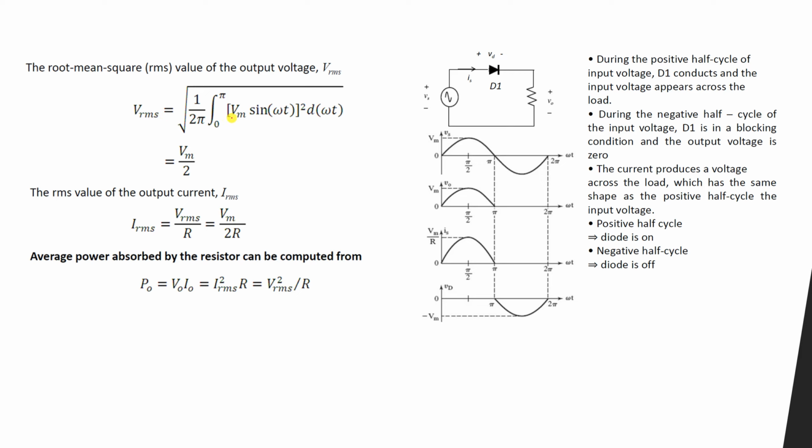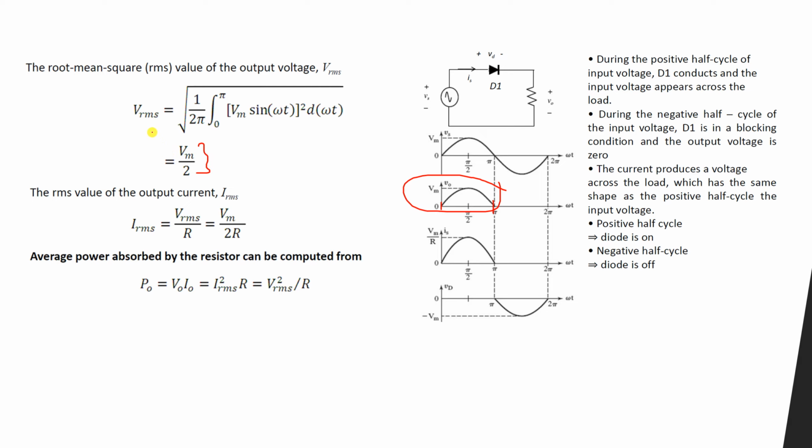Square means square of the waveform, Vmax sine omega t all squared. So I'm applying this root mean square to this waveform, which is integration from 0 to pi, similar to the average, but the difference is that we have the square and the square root. If you do this mathematical formula, you will get Vmax over 2.